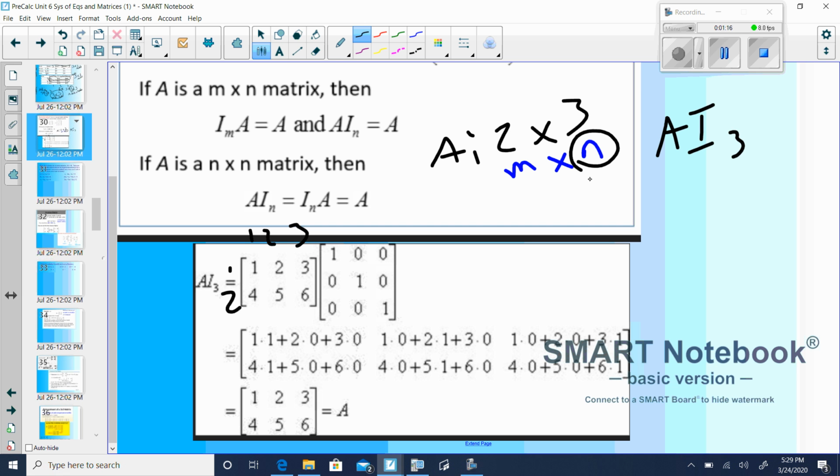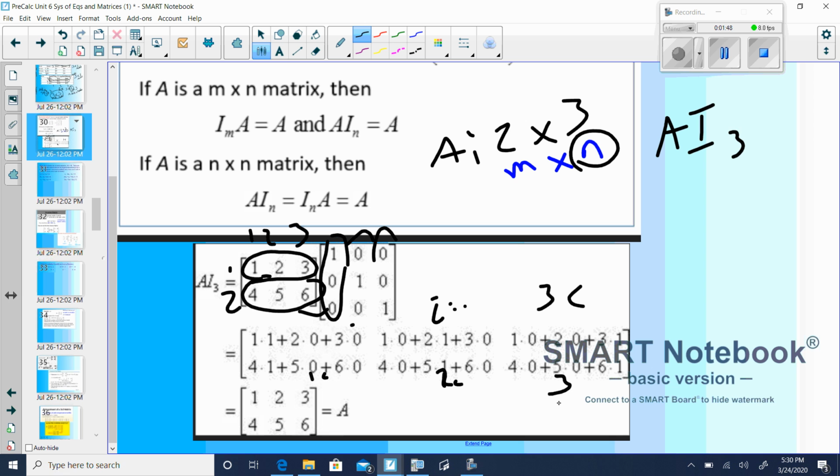Right there. So what we have is this first row of A. We're going to go across and multiply it by every element in the first column, the second column, and the third column, respectively, of I. Then we take the second row of A and multiply it by every element in the first column, second column, and third column, respectively.